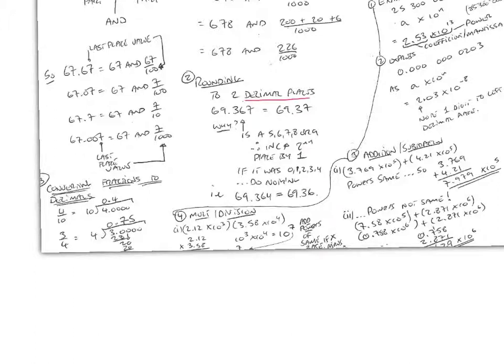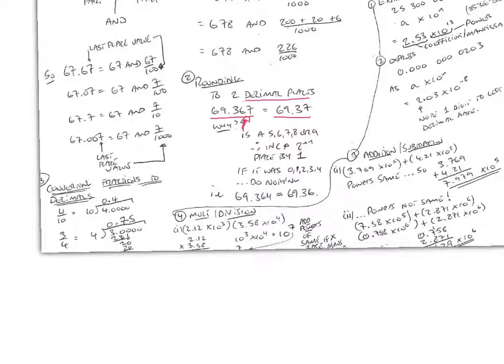How do we round? With a value like 69.367, that rounded to 2 decimal places is 69.37. How did we do that? Well, we look at the third place after the decimal point.